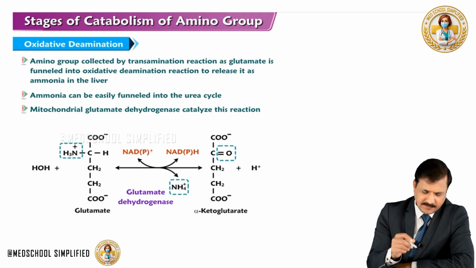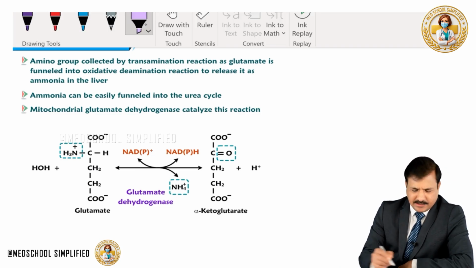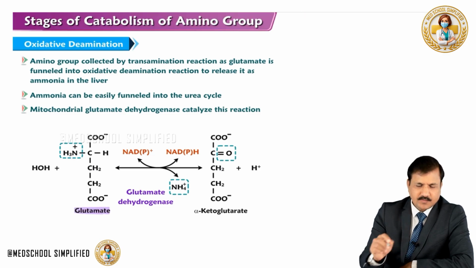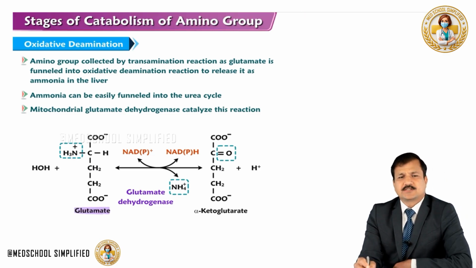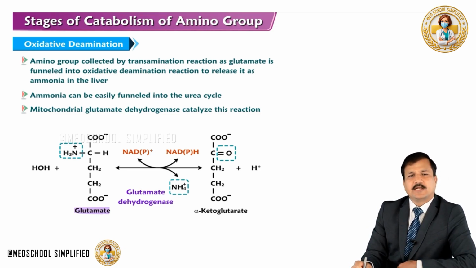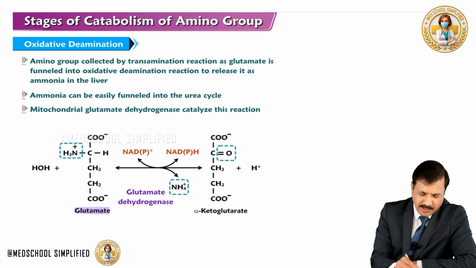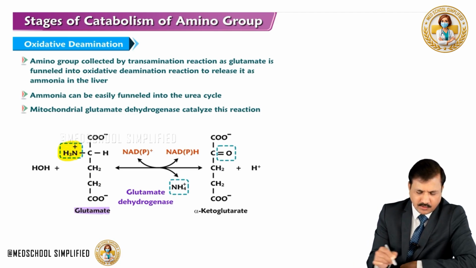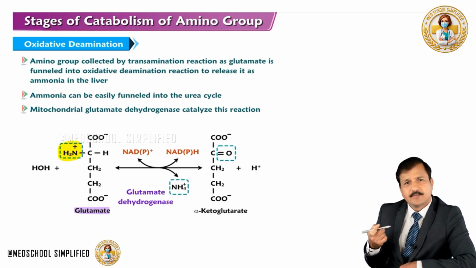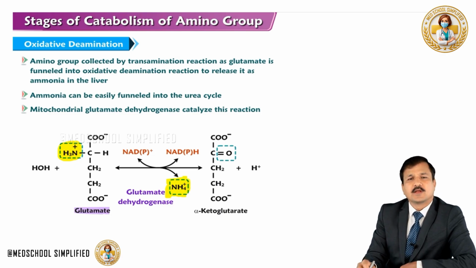Now let's look at the glutamate dehydrogenase catalyzed reaction. See, the glutamate which is coming from transamination of the majority of other amino acids undergoes the glutamate dehydrogenase reaction, where the alpha carbon amino group is directly removed and released as ammonium ion, and the rest of the molecule is released as α-ketoglutarate.